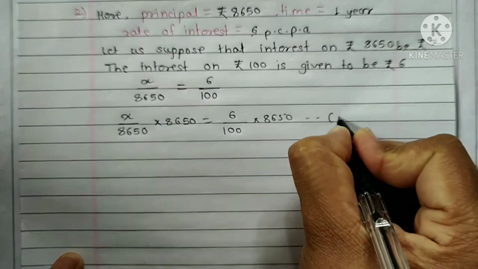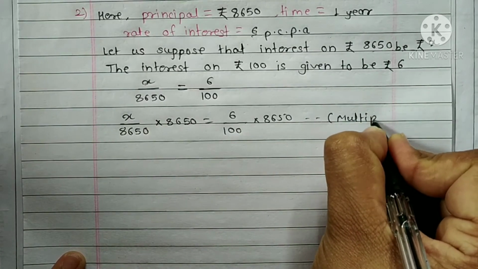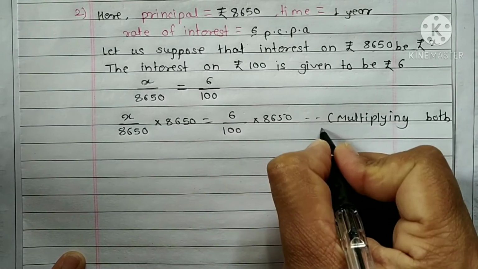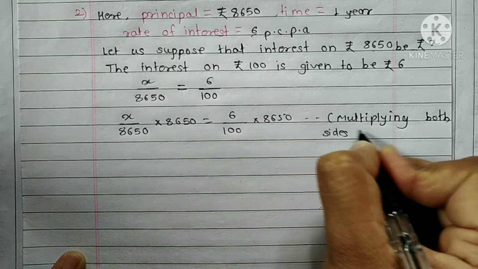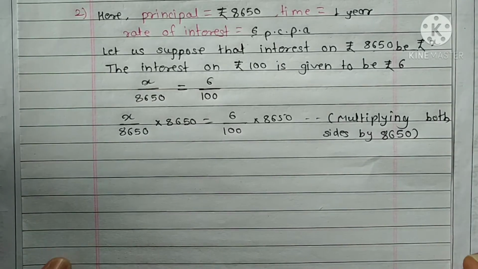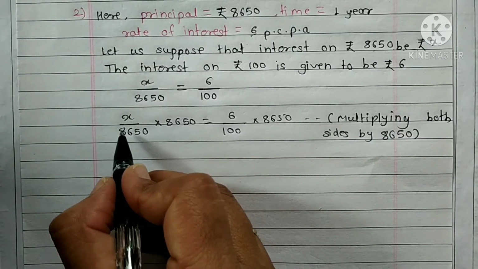Here also write down multiplying both sides by 8650.